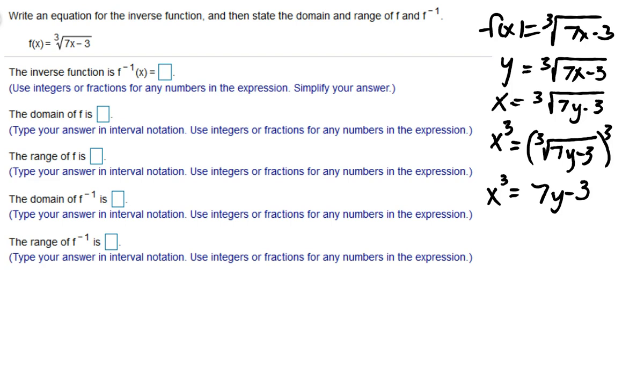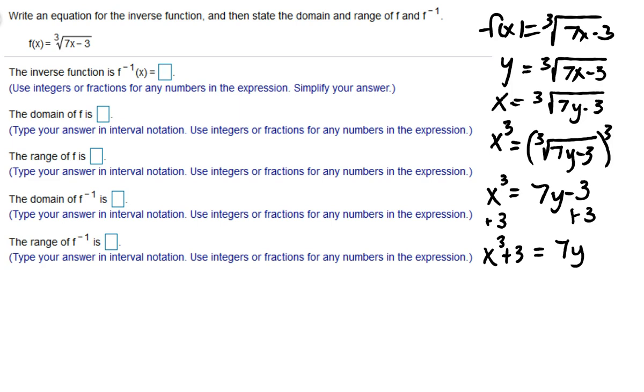So we're still working to try to get that y by itself. Then I'm going to get rid of this minus 3 by doing the opposite of subtracting 3, and that's adding 3. We get x cubed plus 3 on the left, and on the right, the minus 3 and plus 3 becomes 0, and it cancels out.